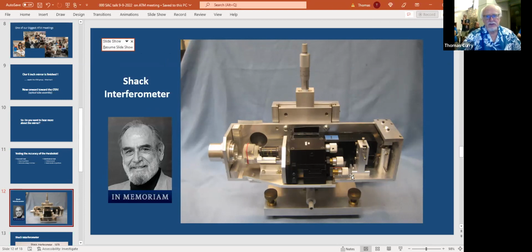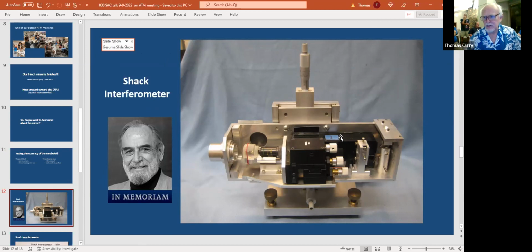And this is a Shack interferometer invented by Dr. Shack in the 1970s. Just to point out a few things here, this black thing in the back is a laser. It's out of some grocery store.